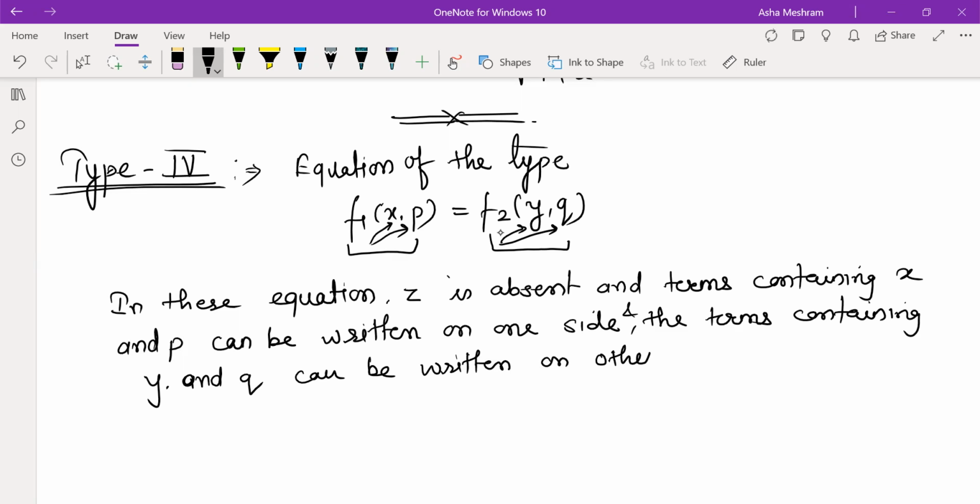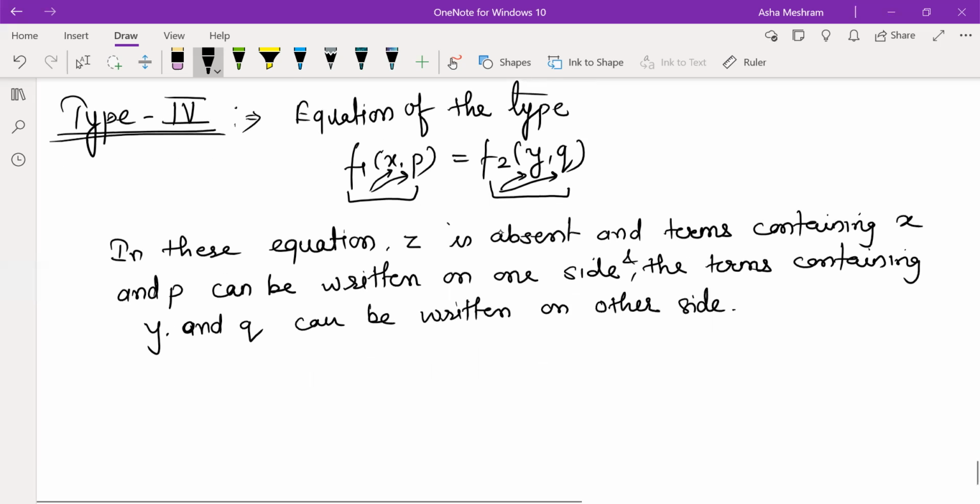We don't have to mix these terms. Means the terms containing x and p must be on one side, and the terms containing y and q must be on the other side. Okay, so we don't have to mix up. आणि मिक्स ही असेल तरी त्याला सेपरेटली लिहून घ्या. ठीक आहे, we can write it separately.